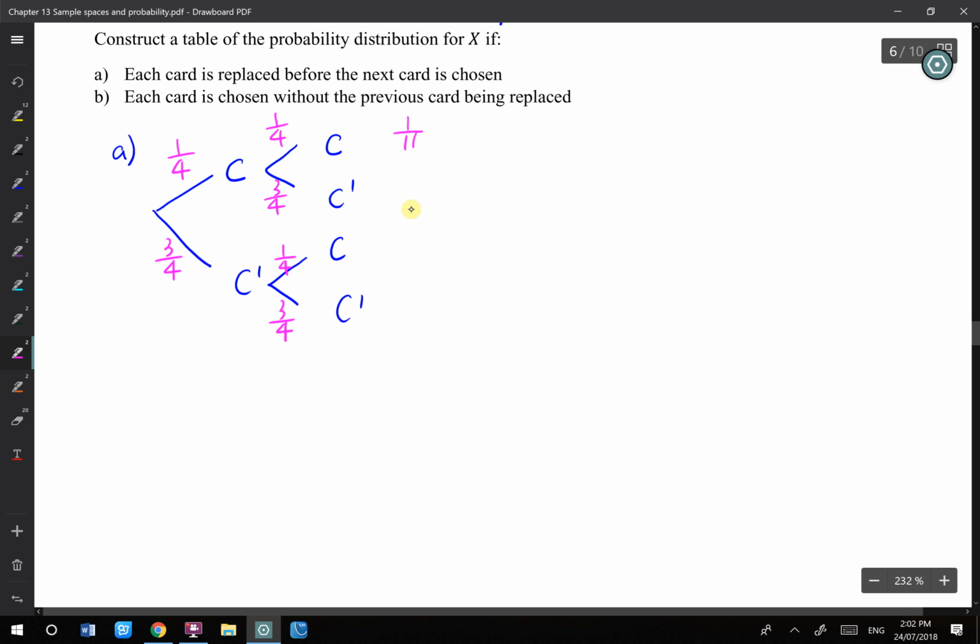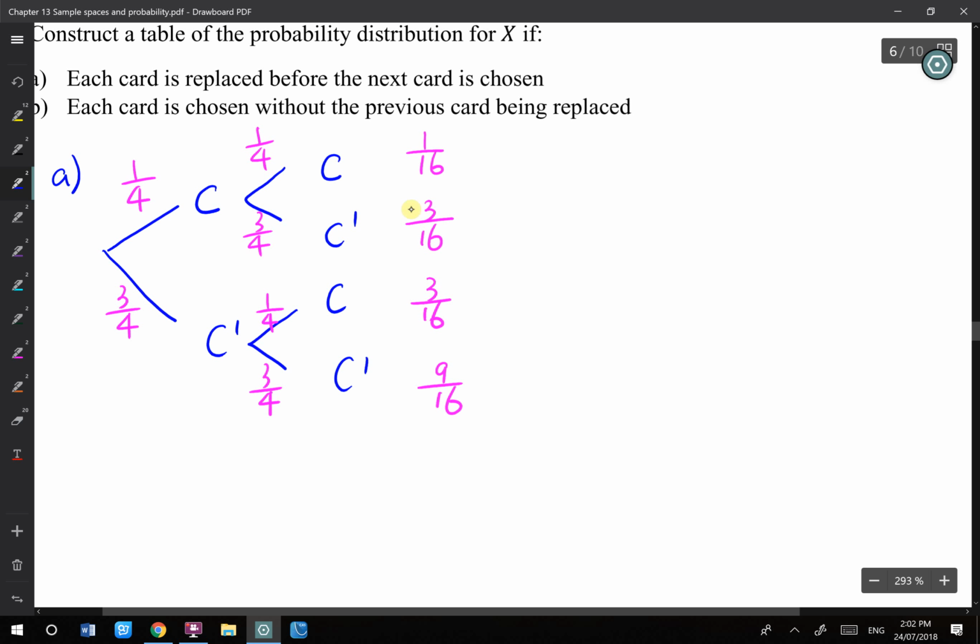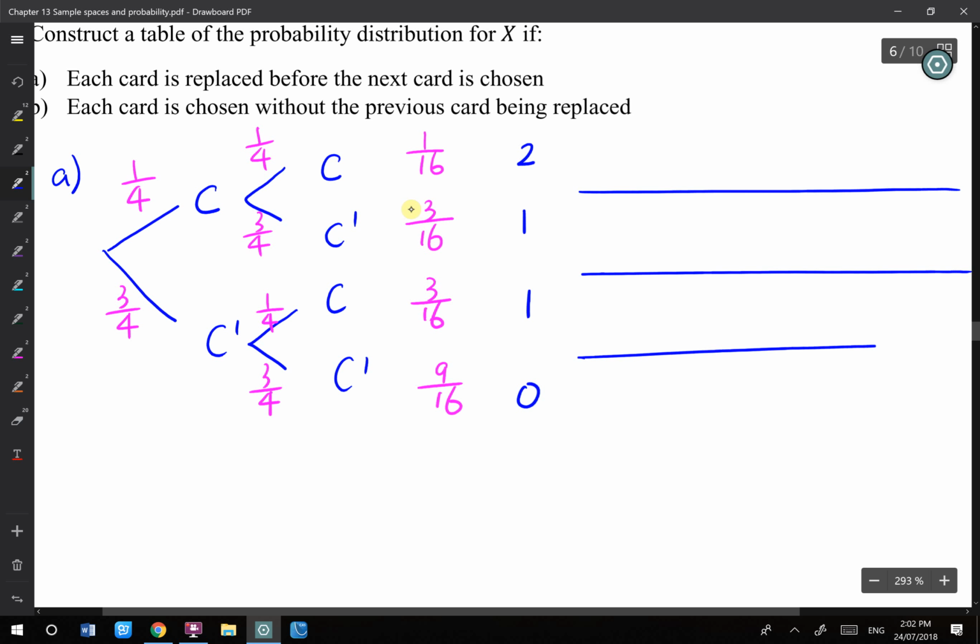The probability of getting that is 1 on 16. That's 3 on 16, that's 3 on 16, and that is 9 on 16. And the x values are the number of clubs we get. So the number of clubs here is 2, 1, 1, and 0. The first one is kind of easier because we only have 3 values here: x, px, and I can have 0, 1, and 2.